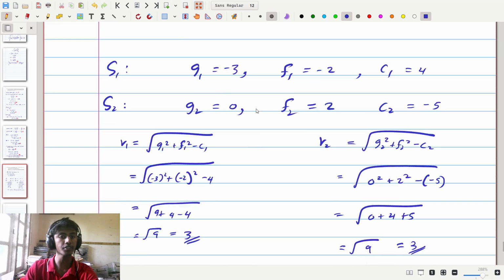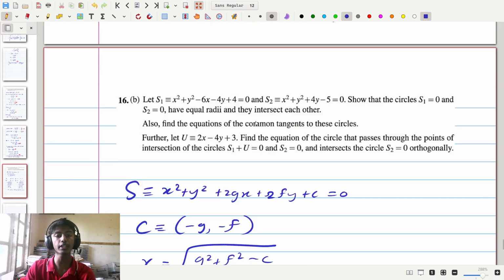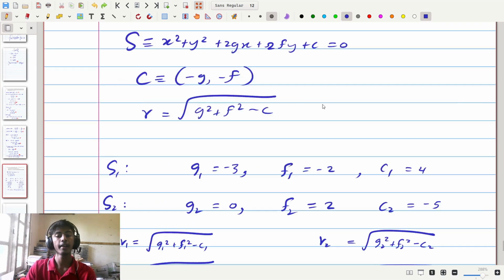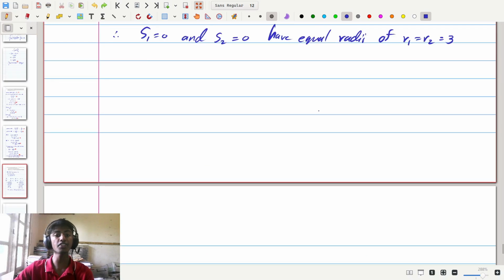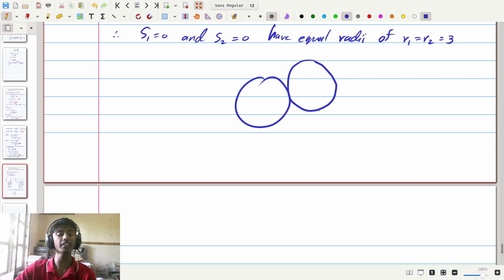Now the question then says, show that the two circles intersect each other. Now if two circles intersect each other like this, then we have some conditions that we can apply. First off, if the circles intersect externally like this, then the distance between the two centers is equal to the sum of the two radii.